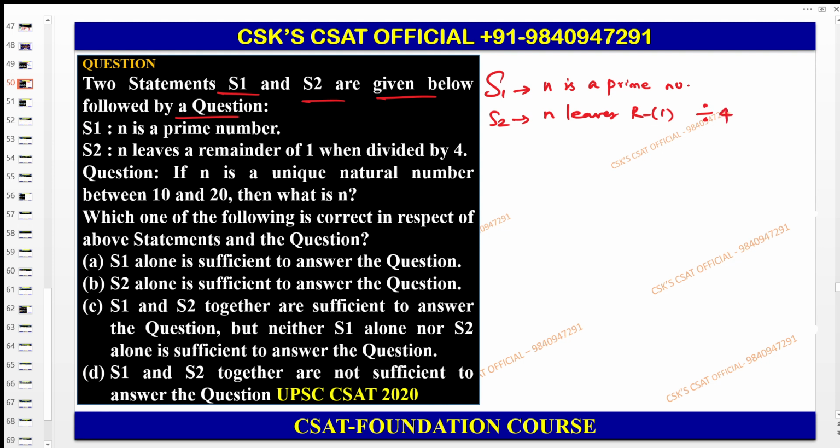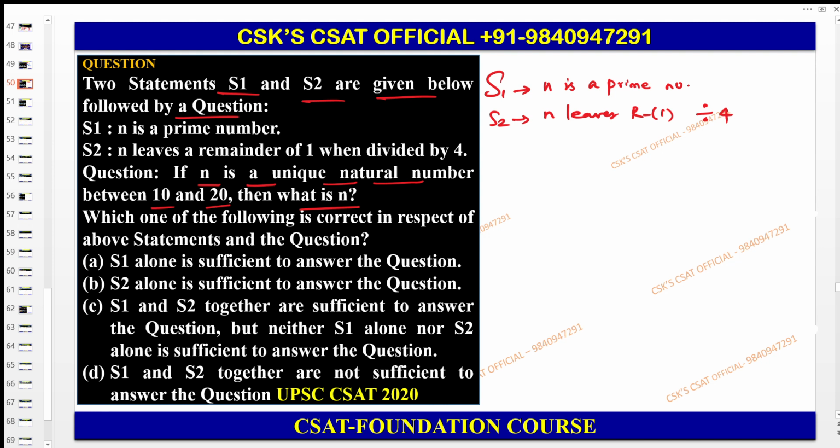Now the question is, if n is the unique natural number between 10 and 20, what is the value of n? Now understand here. The first statement provides that n is a prime number.